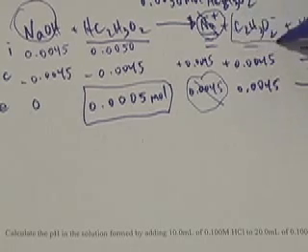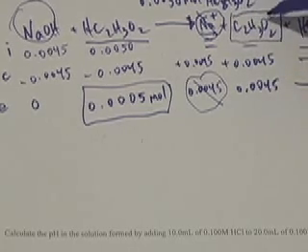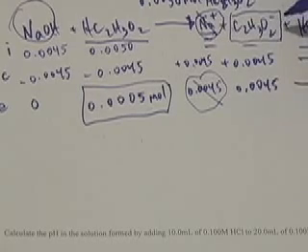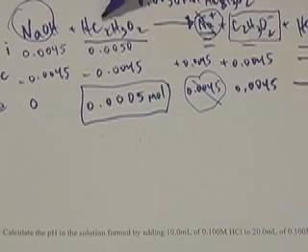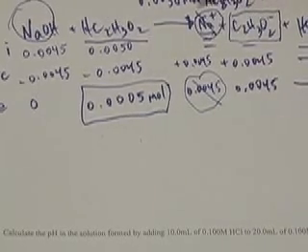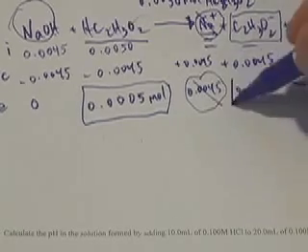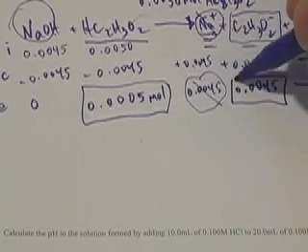But we do have this C2H3O2 minus ion here, and that ion, remember, is the conjugate base of this weak acid, and a conjugate base, acid pair form a special solution.